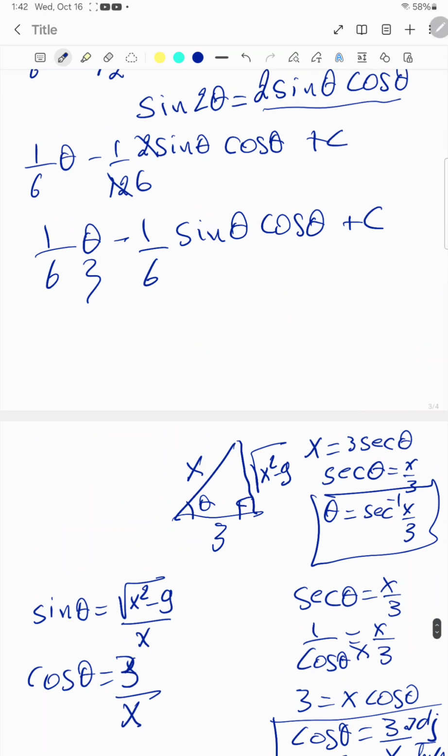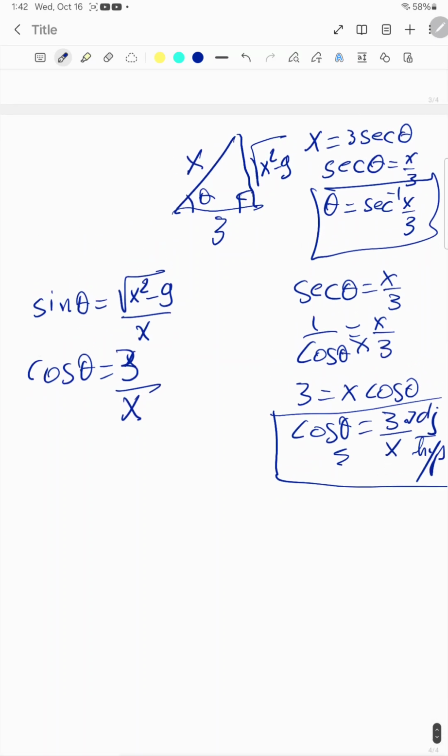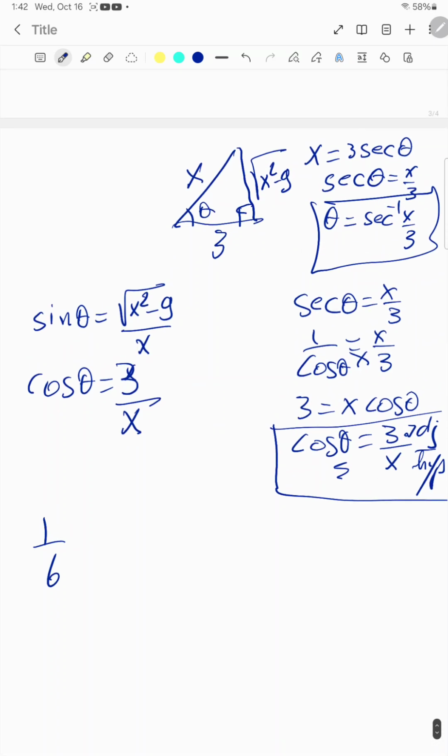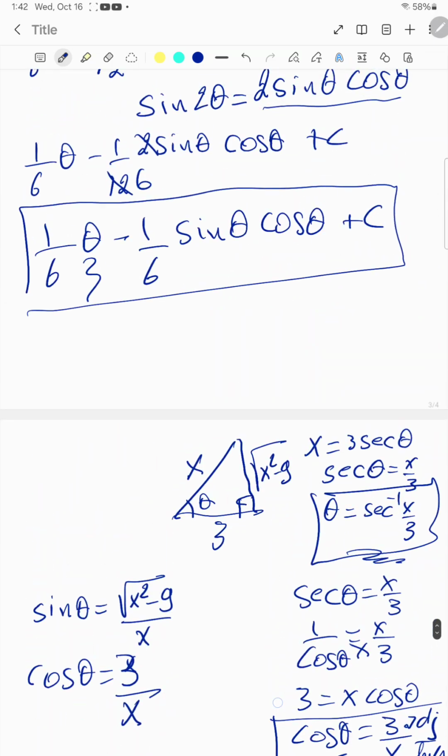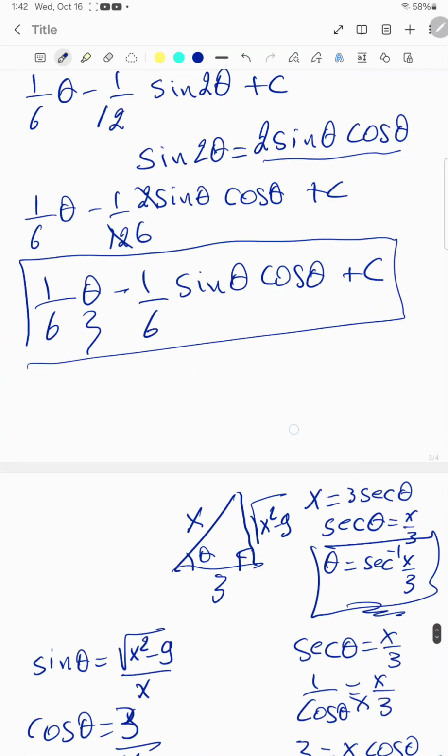So now I go back to my solution here, and I will replace theta and sine of theta and cosine of theta by their values. So I would have 1 over 6, and we said theta is equal sec minus 1 of x divided by 3, minus 1 over 6. It was sine of theta, cosine of theta, yes.